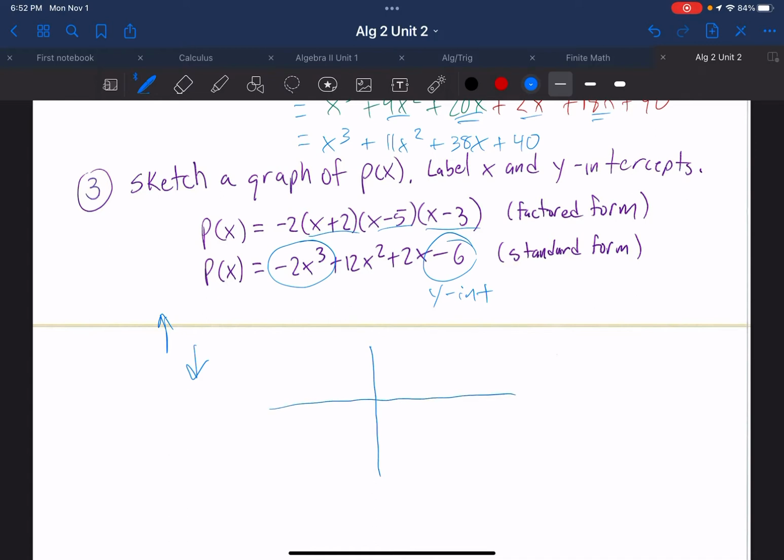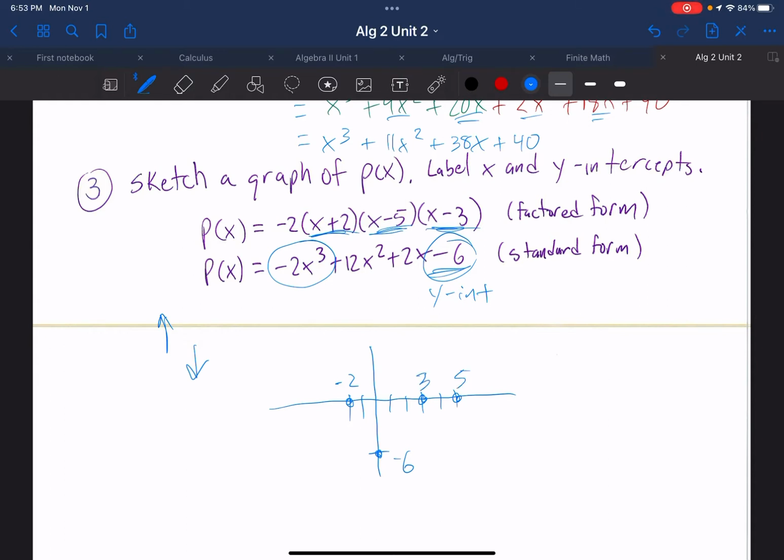And this first one here means -2, so I go over 2 and put a dot. Then 5 and 3, so I go over 3, 1, 2, 3, put a dot, 5, put a dot. Then the y-intercept is -6, so I'll just go down to -6. So that's -6, this is -2, this is 3, and this is 5.